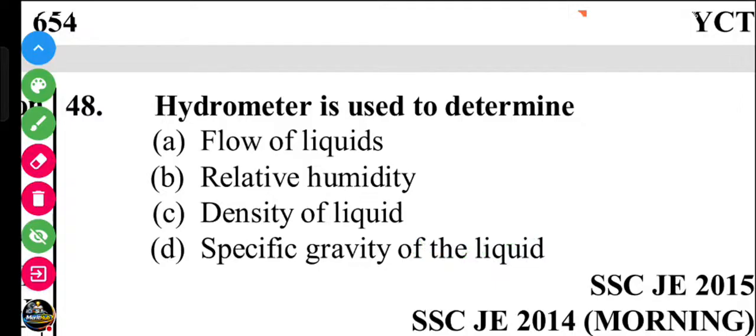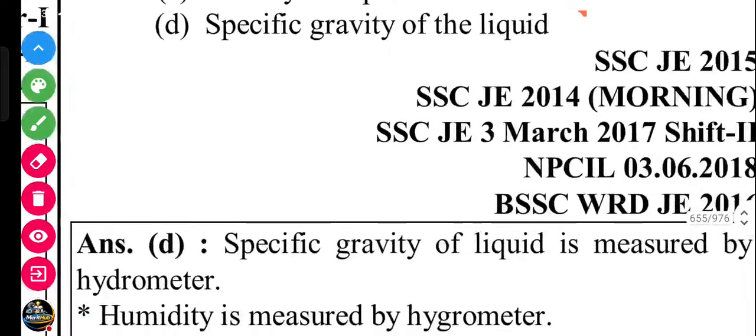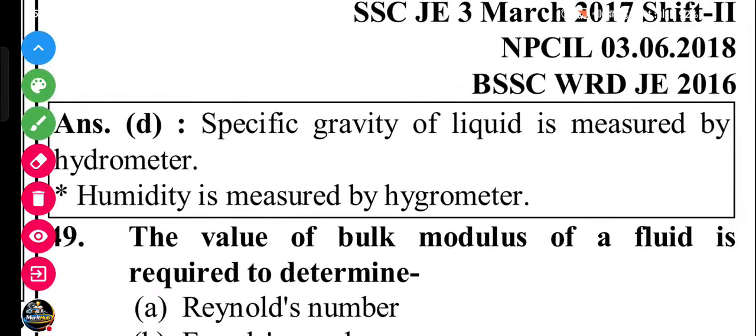Next, the hydrometer. A hydrometer is used to determine the density and specific gravity of the liquid. I think the hydrometer is used to measure the specific gravity of the liquid, but we can check the answer. Yes, this is right: the specific gravity of the liquid is measured by the hydrometer, and humidity is measured by the hygrometer. Don't confuse the hydrometer and the hygrometer.